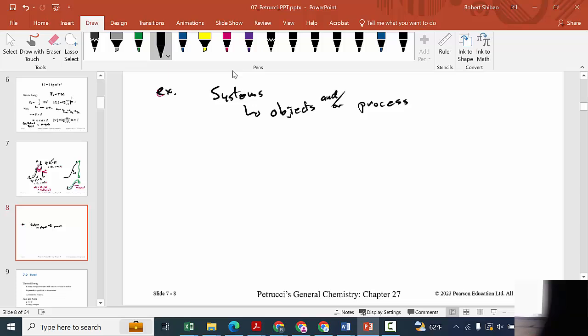We could have an object undergoing some kind of process, and I'll talk more about what I mean by process. A process is going to be like a physical or chemical change. Can you give me an example of a physical change?